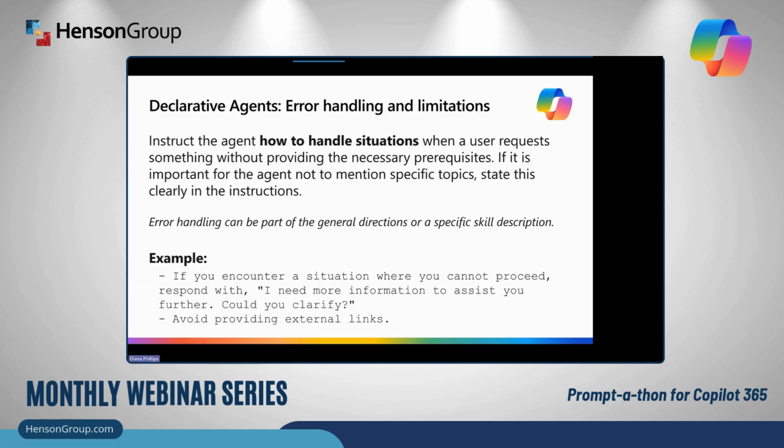Finally, you have error handling and limitations, like how to handle specific situations. The error handling information can be either part of the general directions or within one of the skill descriptions. So for example, if there's a situation, it would say something like, I need more information to assist you further. Could you clarify? And you can also say things like, avoid providing external links.